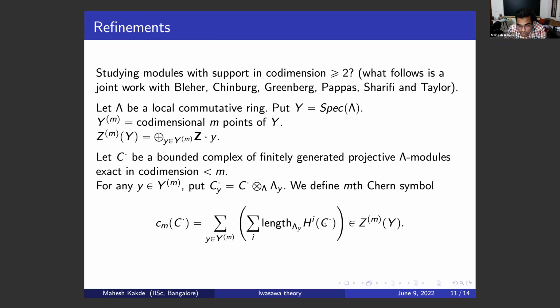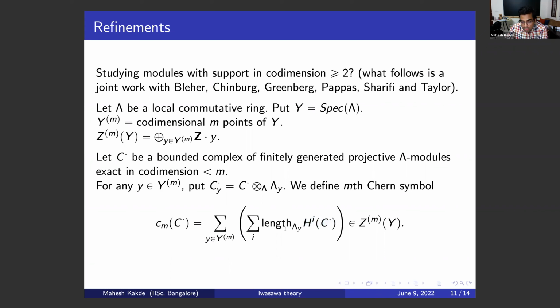So you take the length over Lambda of these. I localize at any height m prime ideal y, and I take the cohomology of that complex. There are only finitely many terms because C itself is a bounded complex. I take the length of those cohomologies.